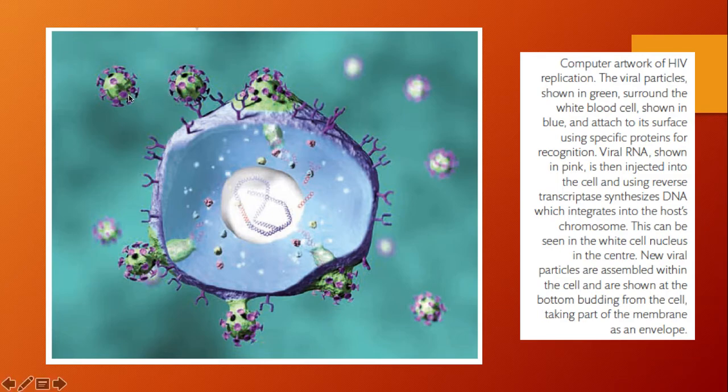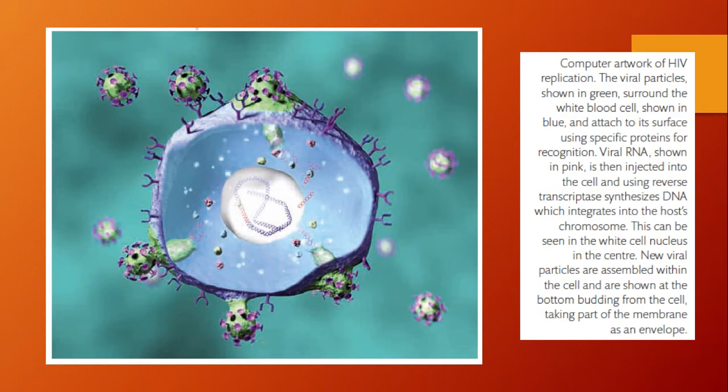Okay, so we can see how a viral HIV particle can attach to a white blood cell. It will inject its viral RNA into the host cell, and then this RNA will be injected into the nucleus after it has been synthesized into DNA using that reverse transcriptase.